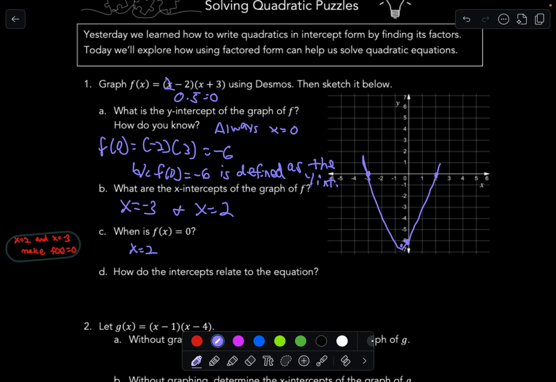So x equals 2, and x equals negative 3. Because if we put negative 3 into this, we get negative 3 minus 2 is negative 5. Negative 3 plus 3 times 0. That also equals 0.